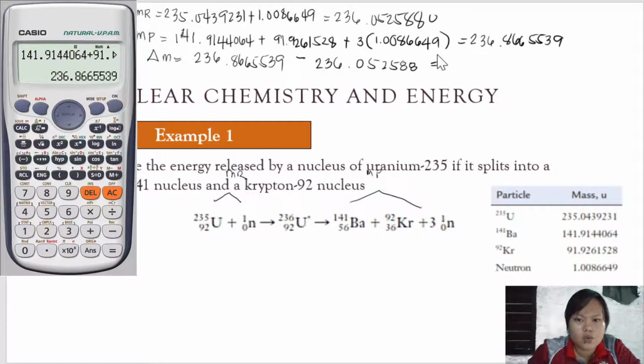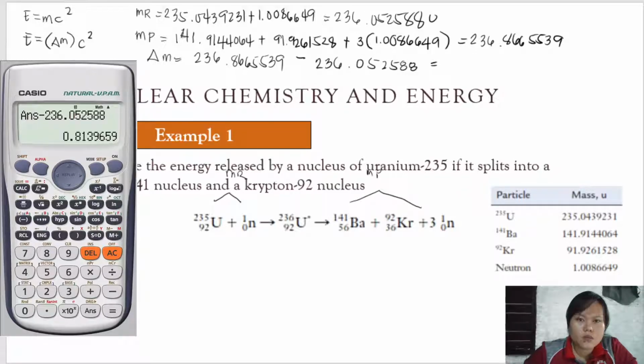They are both in U. Using the calculator, that would be 0.8139659.